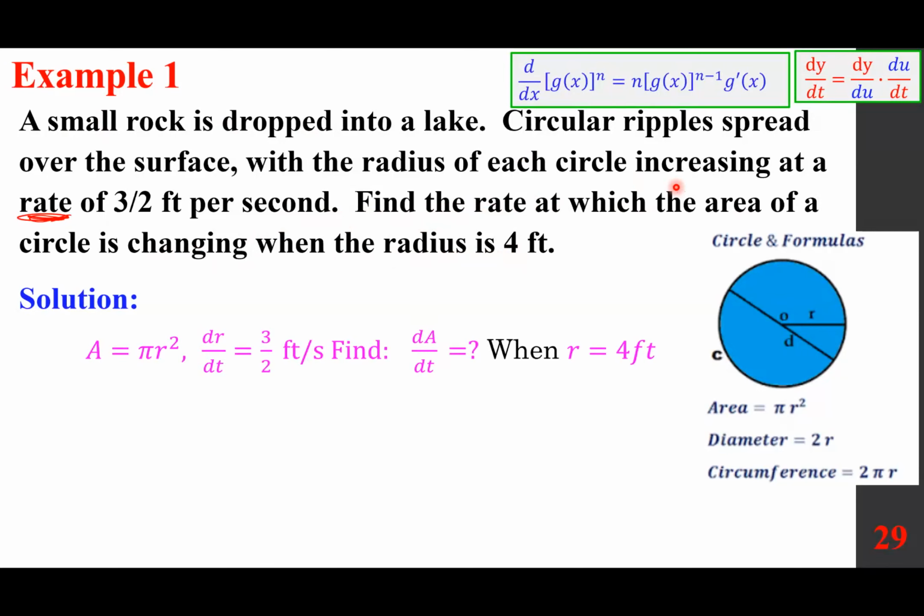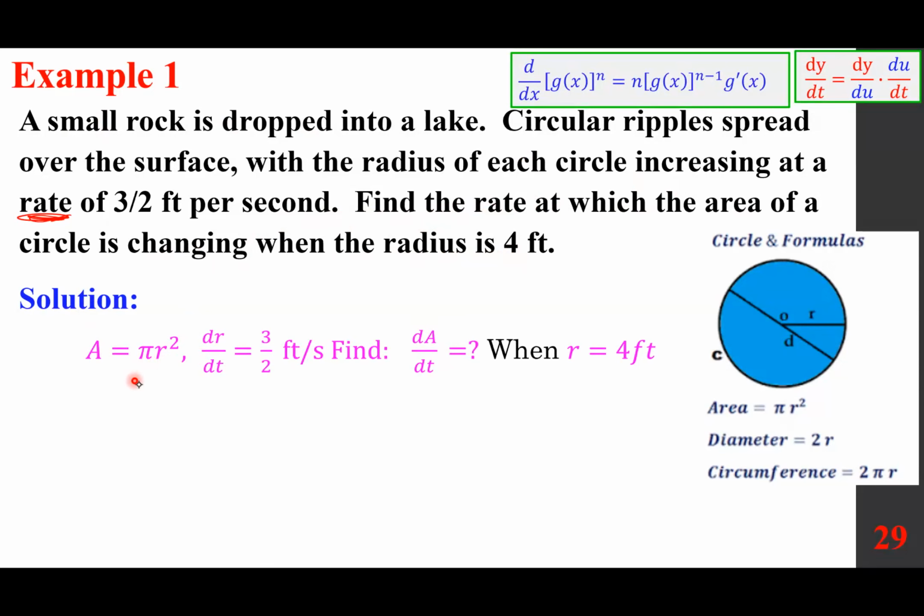Again, I put a bunch of formulas here. This is the one we need. So we are going to differentiate this with respect to t or time.